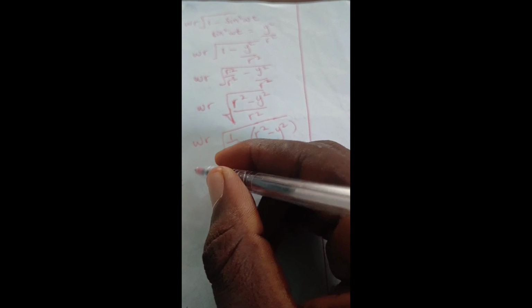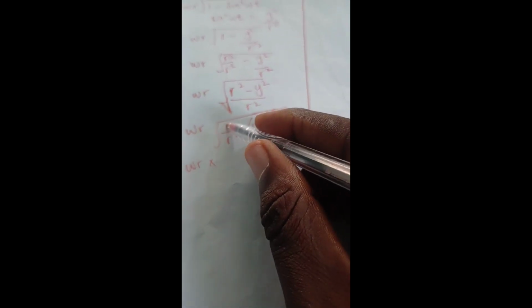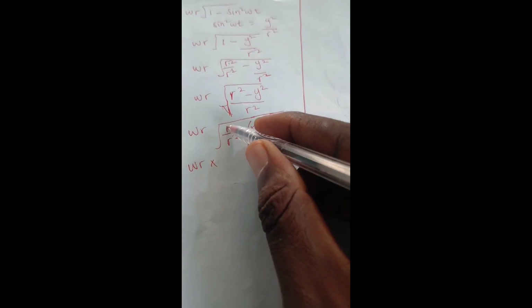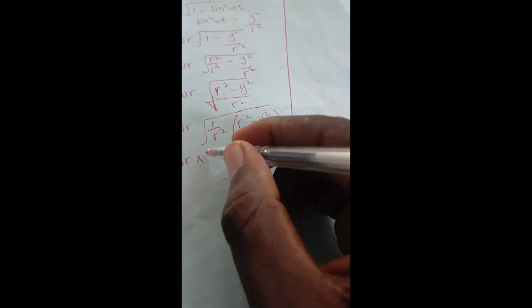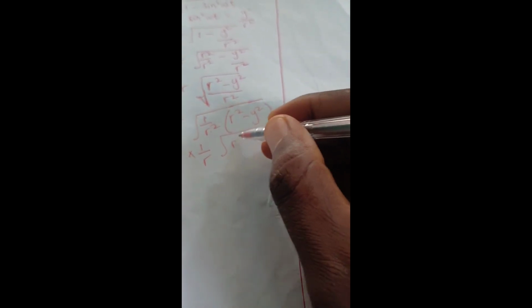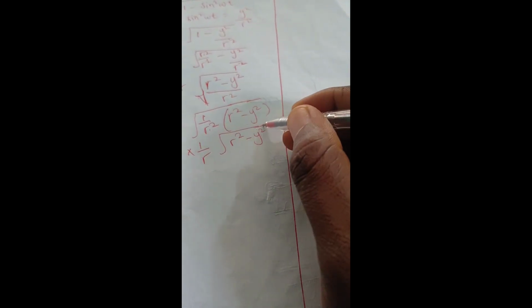So we have v is equal to omega r times, now square root of 1 is 1, and square root of r squared is r, so we have 1 over r, and then square root of r squared minus y squared, of which this r will go with this r.